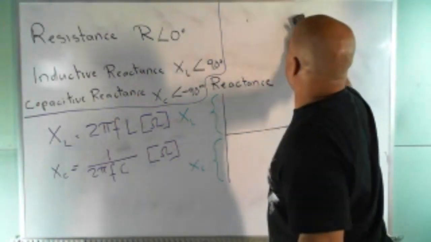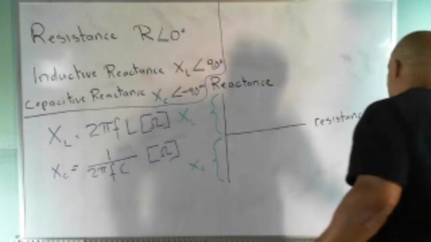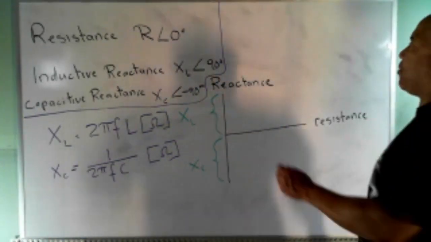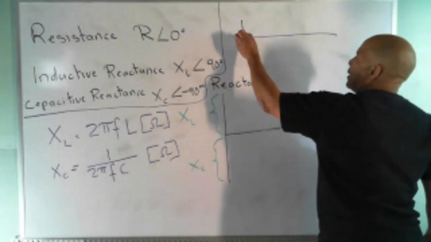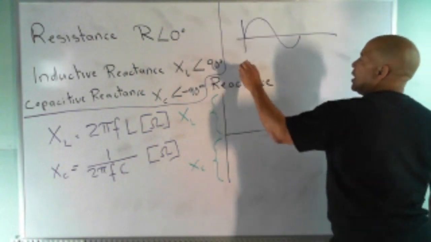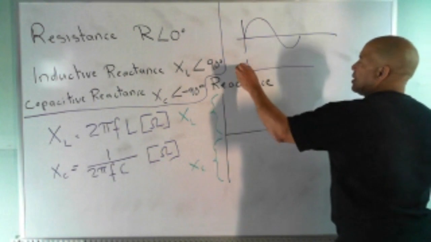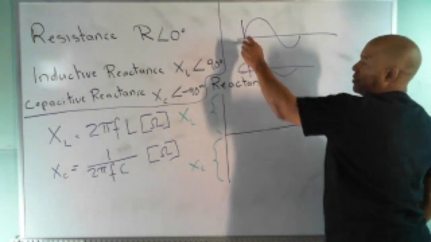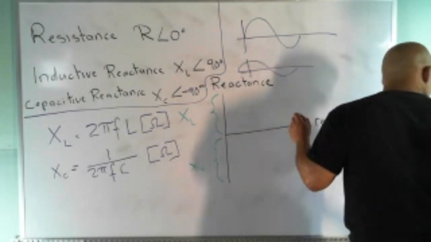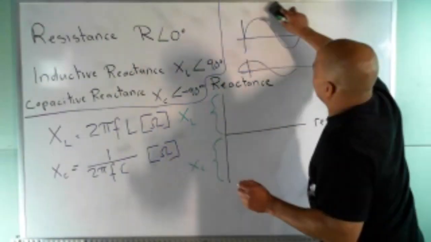And one more thing. Remember when I drew the sine wave, I drew one like this, and then the other one was out of phase by 90 degrees, and we said, well, that value happened first, or that value happened second. Well, an easy way to remember that is this.